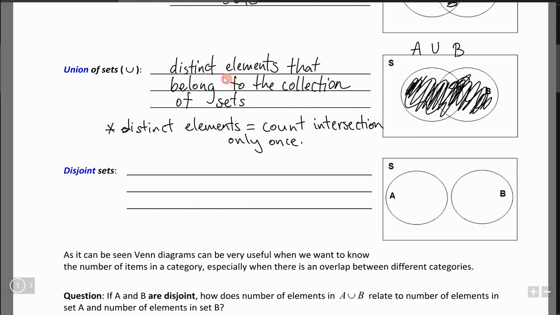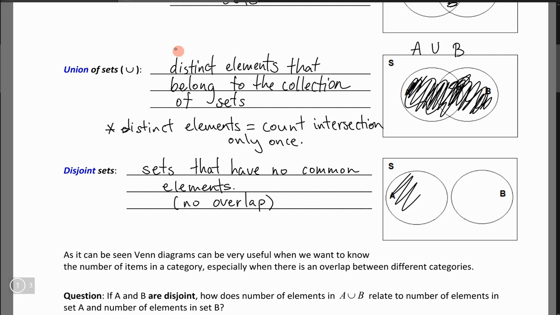Okay, and then we have our disjoint sets. So disjoint sets are sets that have no common elements. Okay, meaning there is no overlap.